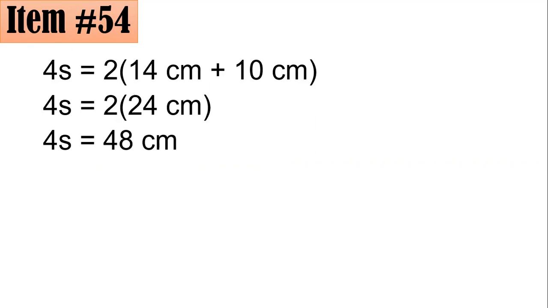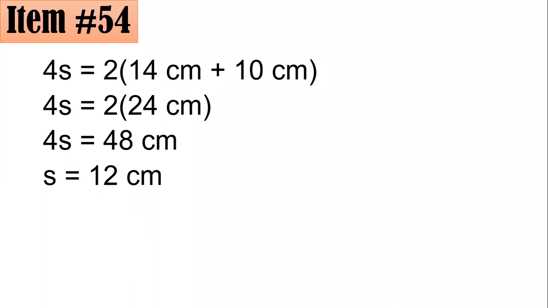And since, gaya nga po ng sinabi natin kanina, equal po yung perimeter ng square sa rectangle, and since the perimeter of your square is 4S, and we need to get the value of a side length, dividing both sides by 4 gives us a side length of the square, which is 12 cm.